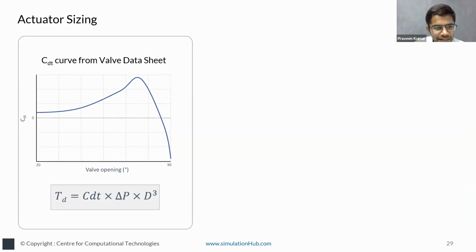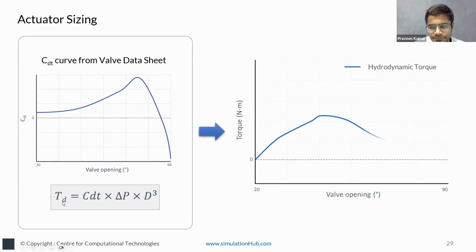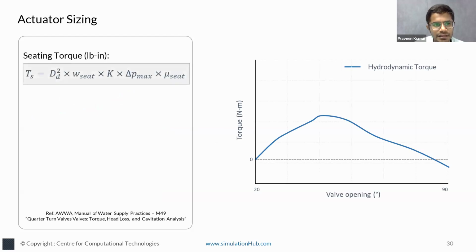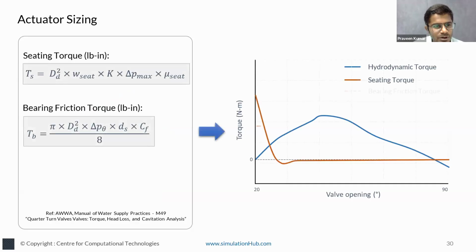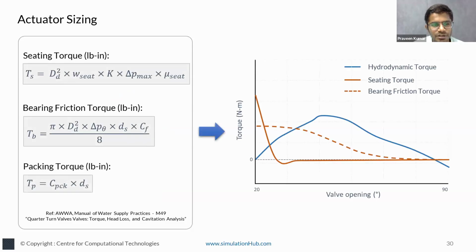Once we have the CDT curve from the application, or you have the data of CDT, then for your operating condition you can calculate the dynamic torque for each and every opening. Then there are other torques: you add to this hydrodynamic torque the seating torque, the packing torque, and the bearing friction torque.